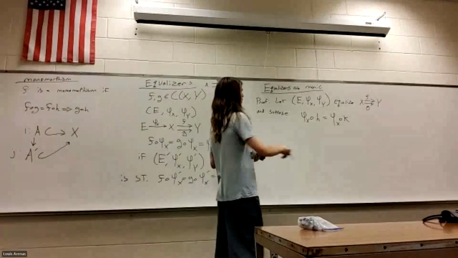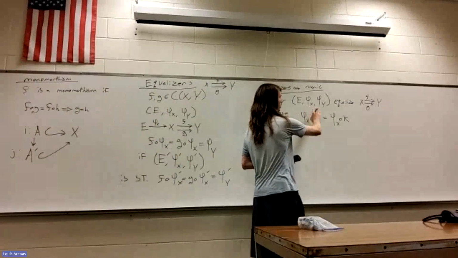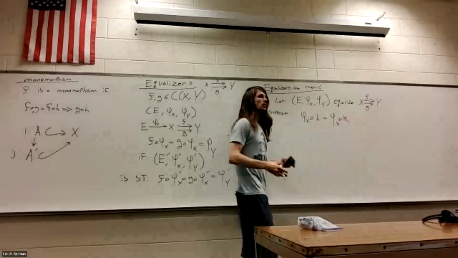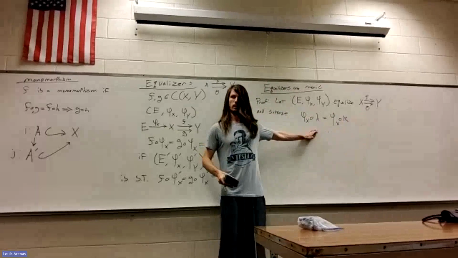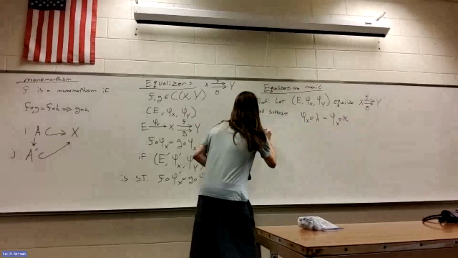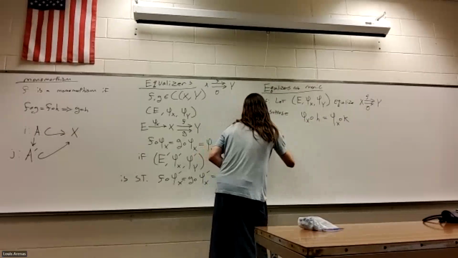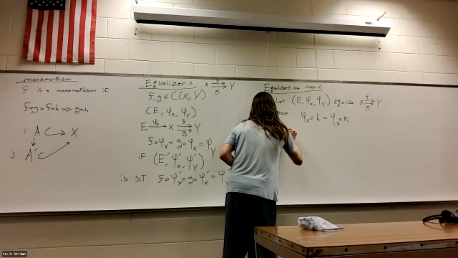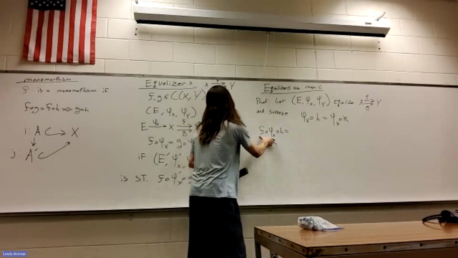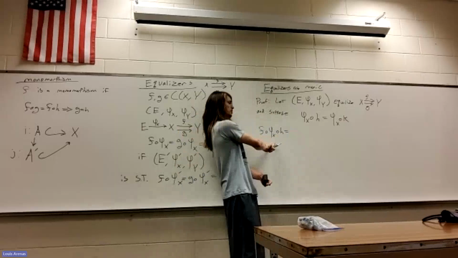Well, if this fellow equalizes F and G, then this also has to equalize F and G, right? Just by simple composition. If I compose F on the left of this, it equals G composed with it.